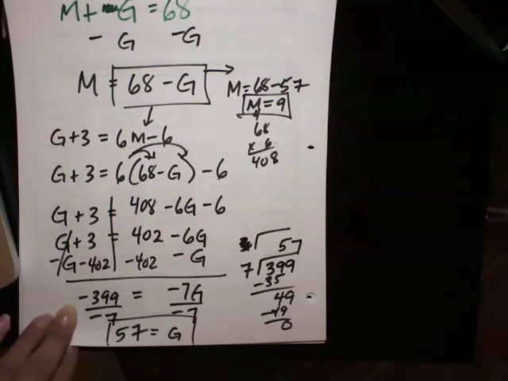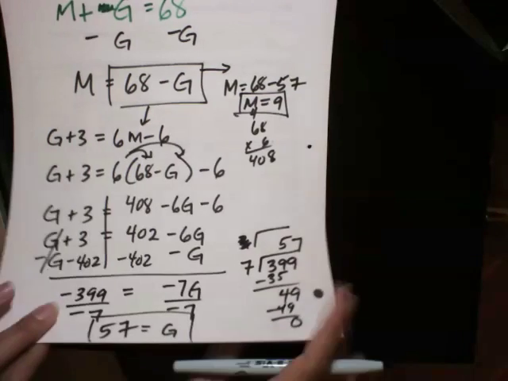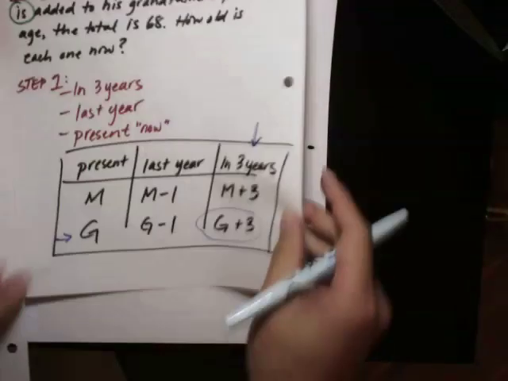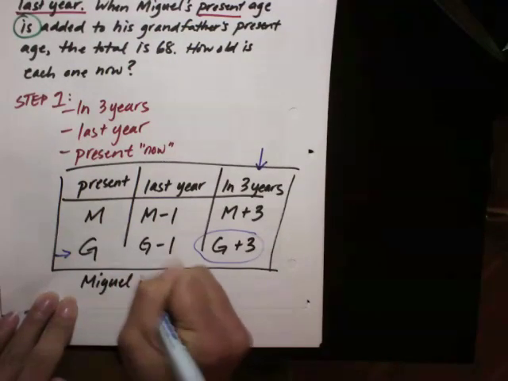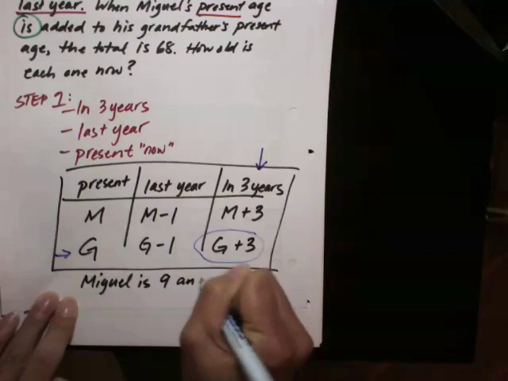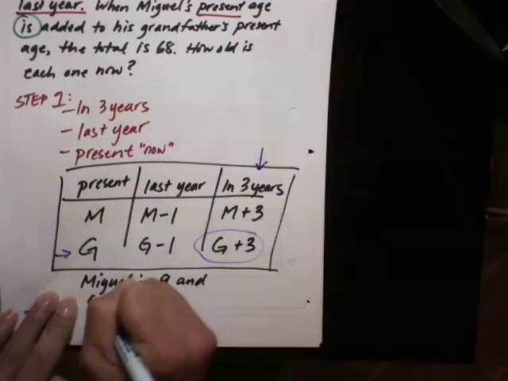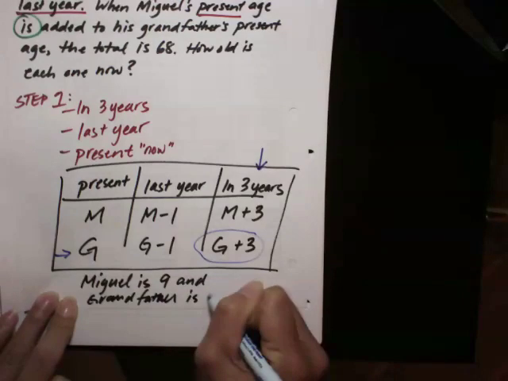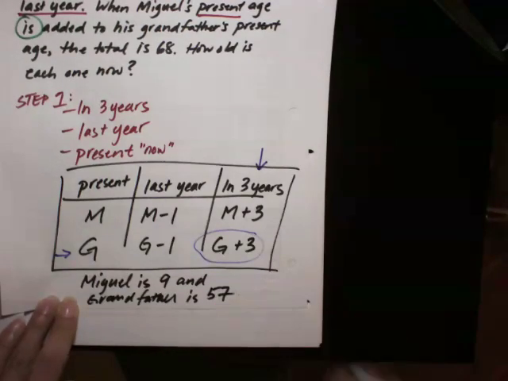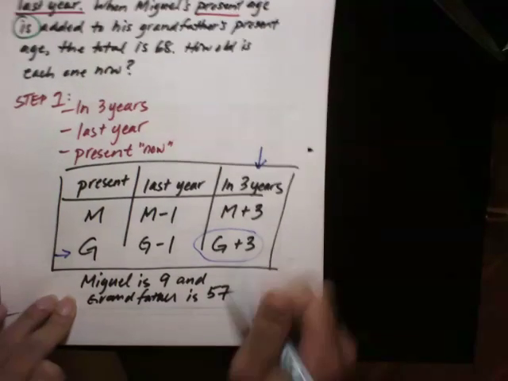Grandfather is 57. Okay, so the only thing we need to do now is go back and make sure we answer our question. Okay, Miguel is 11 and grandfather is 57 years old.